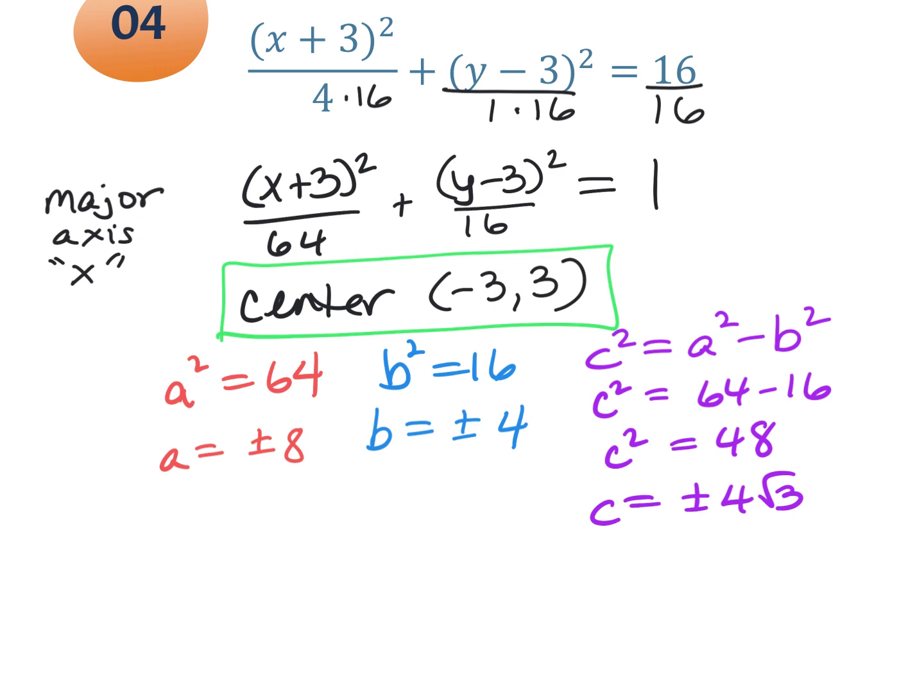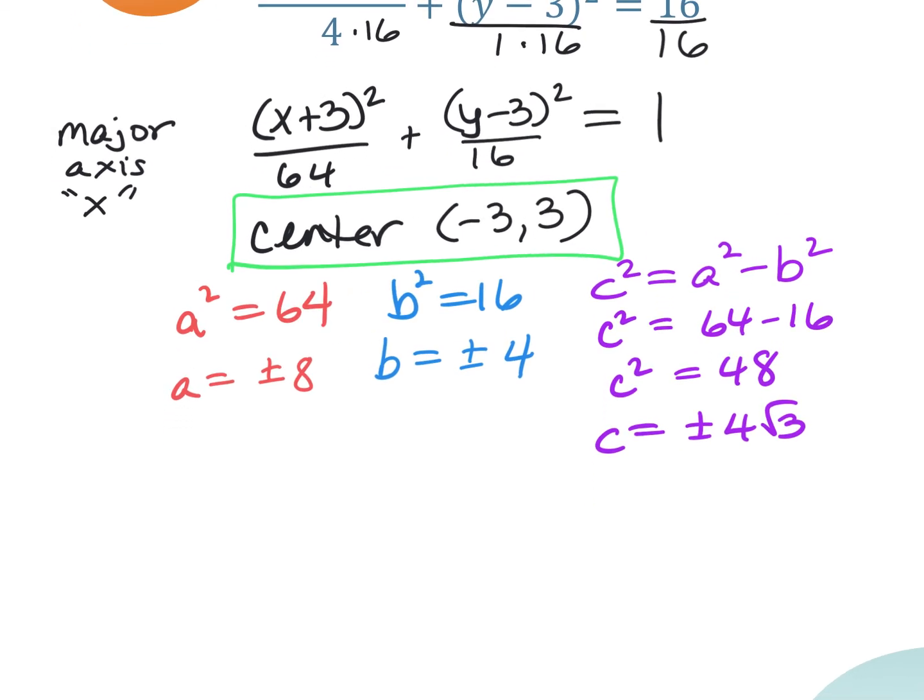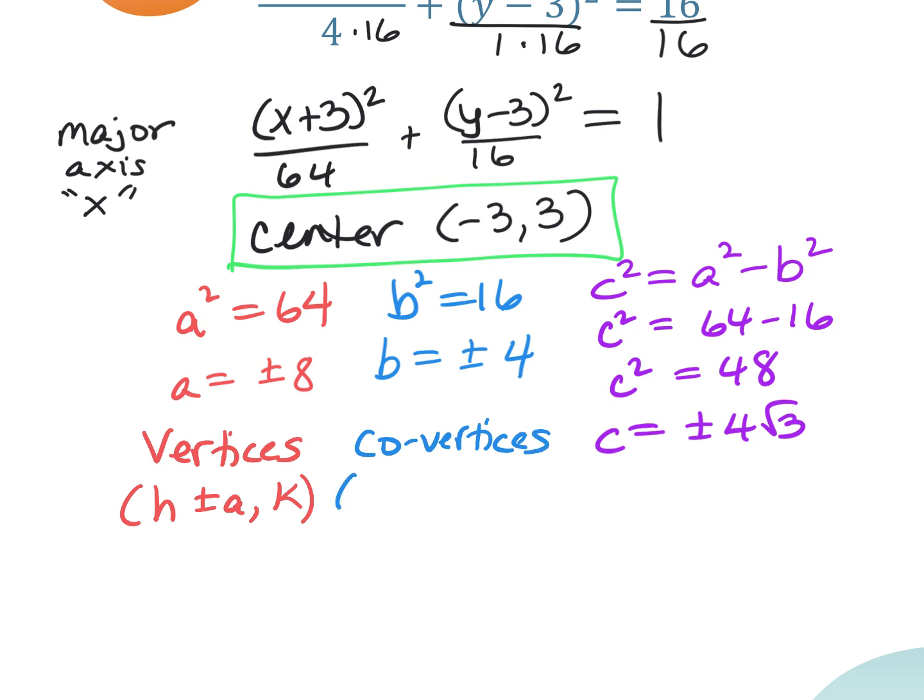So for my vertices, since the major axis is the x-axis, we're going to do h plus or minus a, comma k. For the co-vertices, we're doing h, comma, k plus or minus b.